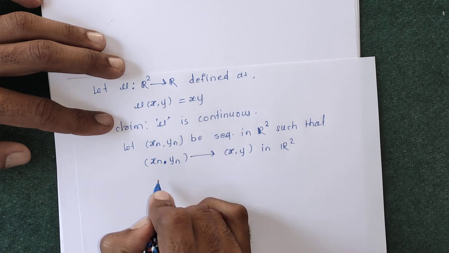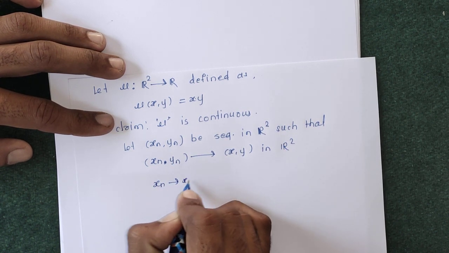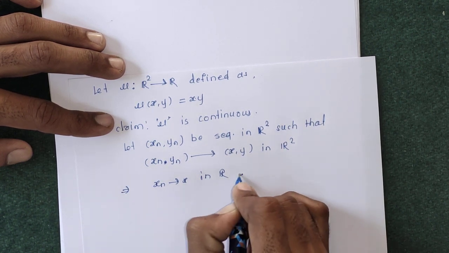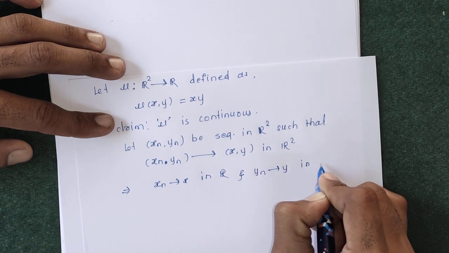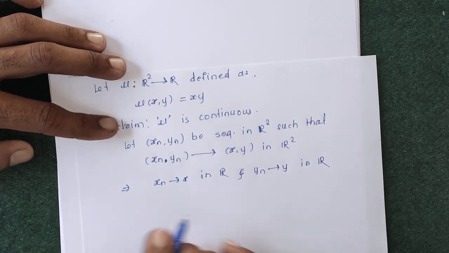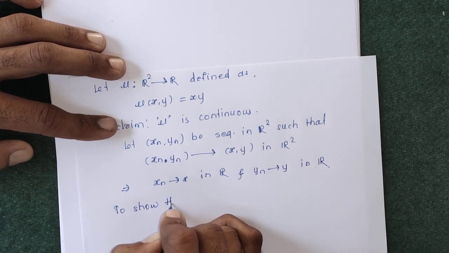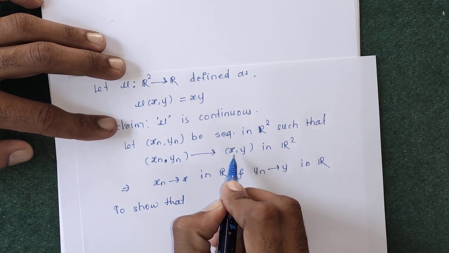So, by the theorem on product metric space, we can write xn converges to x in R and yn converges to y in R. Now, we have to show that mu of (xn, yn) converges to mu of (x, y).